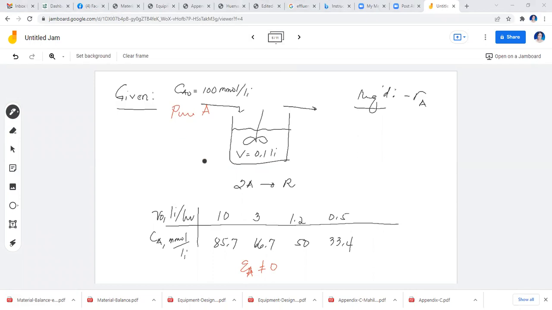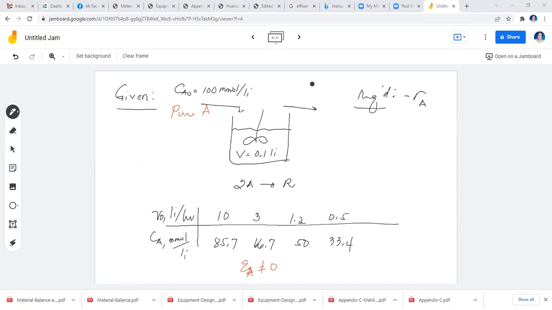Albert Villarosa, can you tell the class how we determine epsilon A? John Albert. John Albert, are you there? Can you hear me?